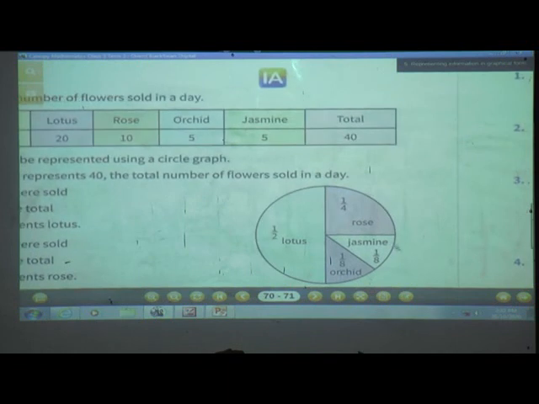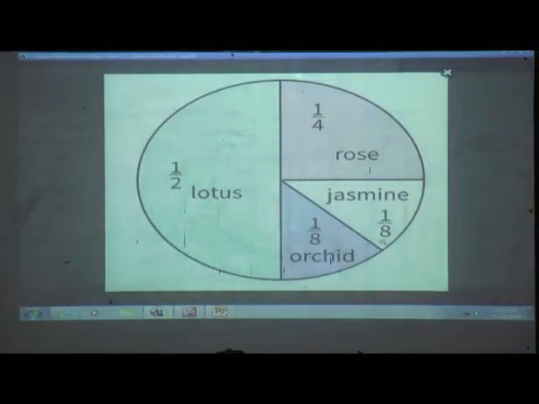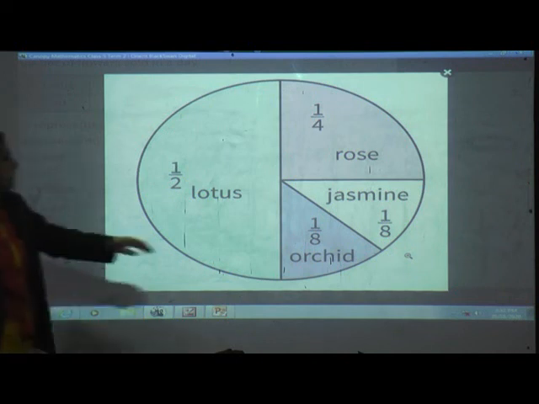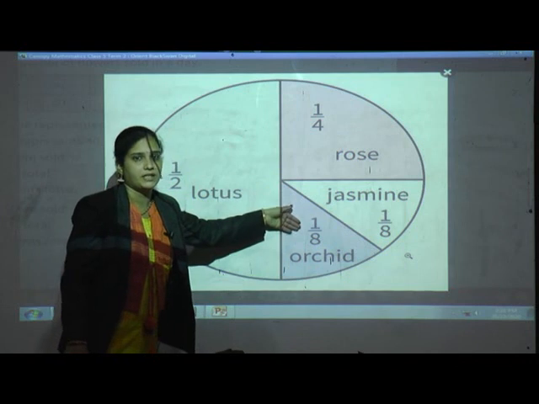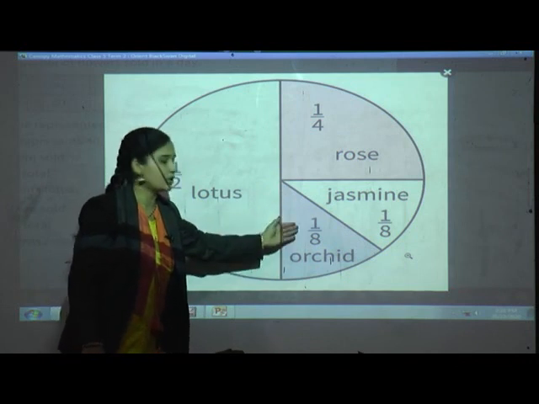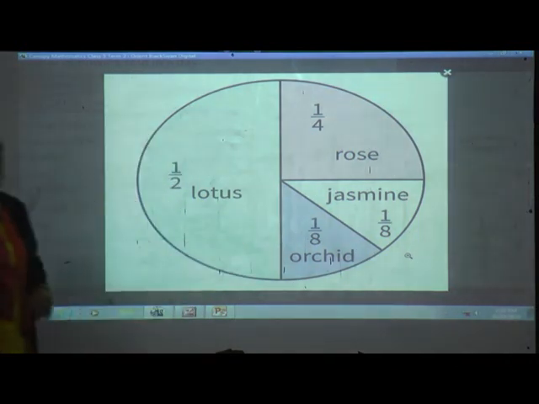Here, see orchids. How many orchids were sold? 5. 5 out of 40. That means 1 upon 8 of the total. See on the page number 71. So 1 upon 8, that means half of the 1/4, isn't it? So that's why this is showing the orchid sold in one day.